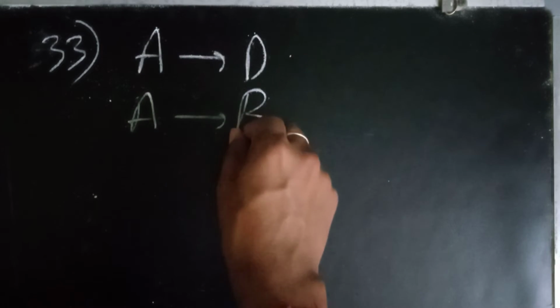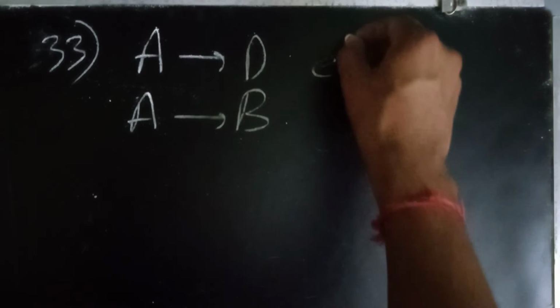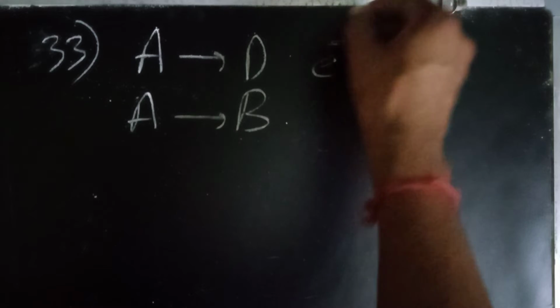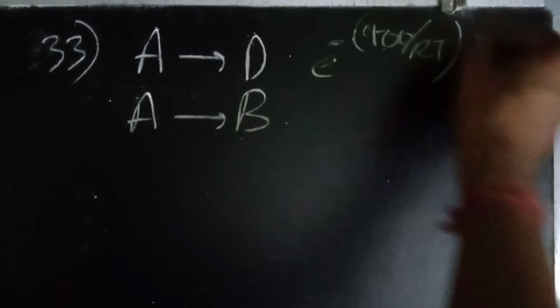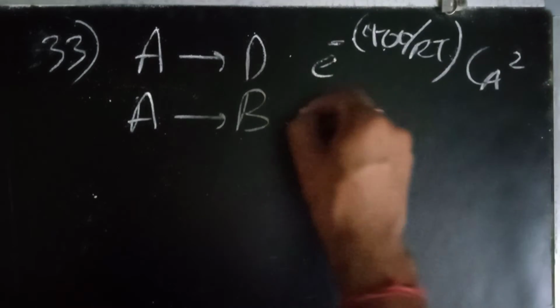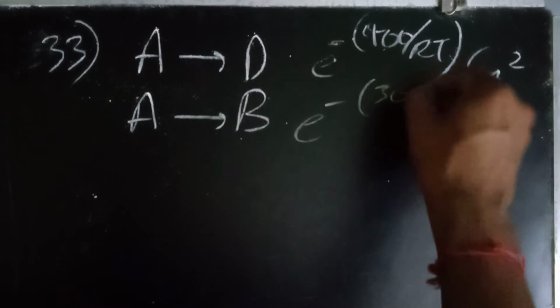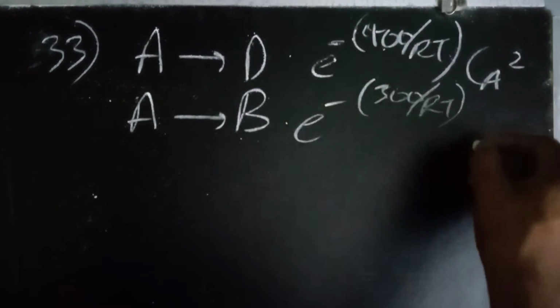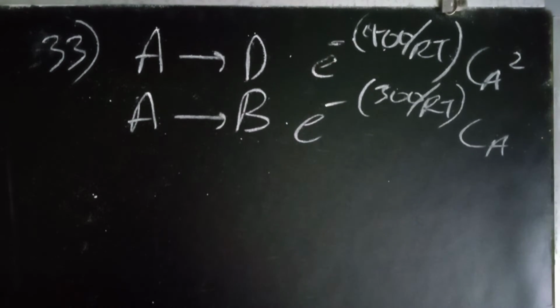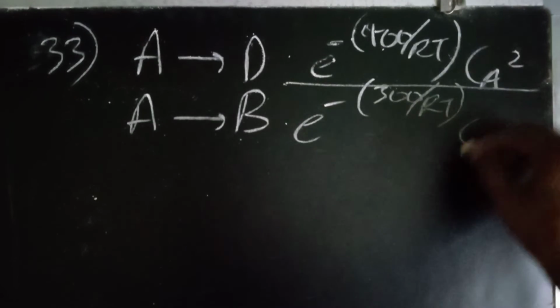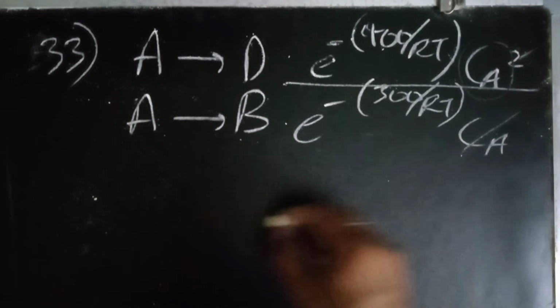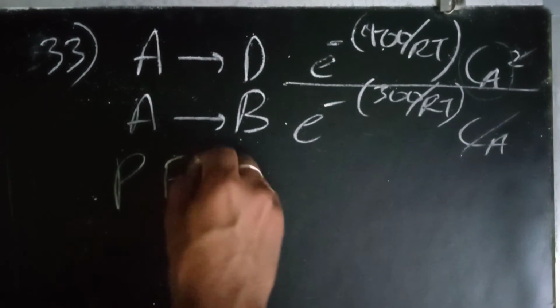The next question, 33, it was A gives D and A gives U or B. This is desired, this is undesired. The rate constants were given as 400 by RT like this, and it was CA squared e to the power minus 300 by RT CA. Obviously if we see the selectivity, we need more of CA, so it's better to use PFR.